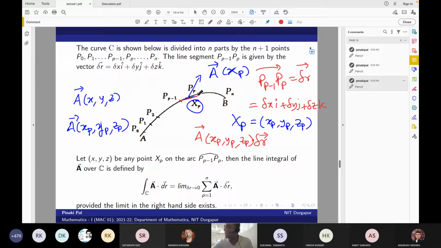So if you take the dot product of this, you will get the relevant quantity. That means you will get A delta r cos theta. So A cos theta is the component of A along the curve, and delta r is the length of the element. A cos theta is the component of A along the line segment, and delta r is the length of the line segment.